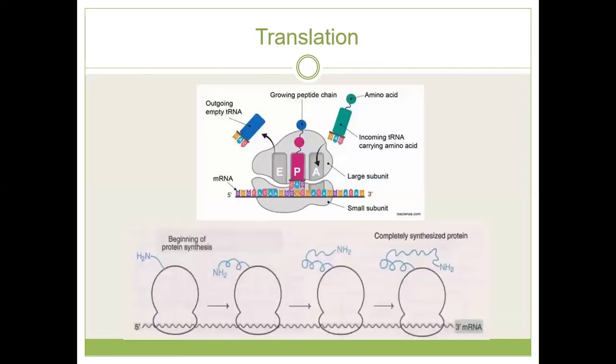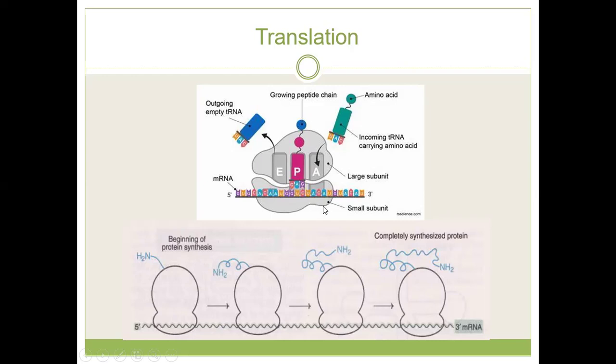And lastly, in the case of translation, we know what messenger RNA is. When the messenger RNA comes with the information copied from the DNA for protein synthesis, it binds to a protein synthesizing machinery called the ribosome. Here in this structure, you can see the messenger RNA with the 5 prime and the 3 prime ends.